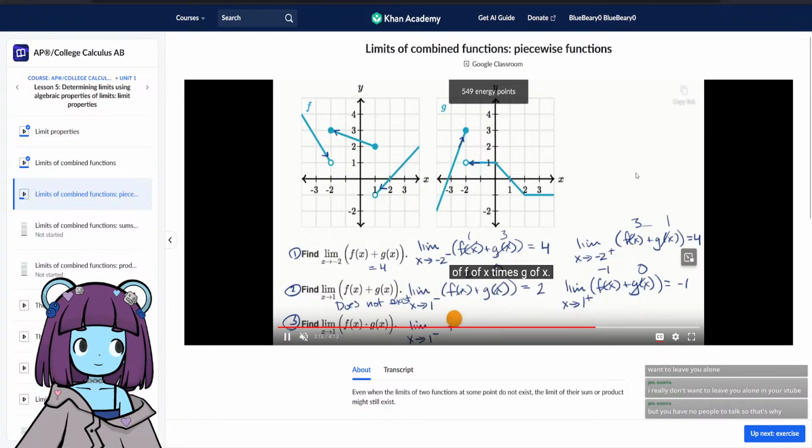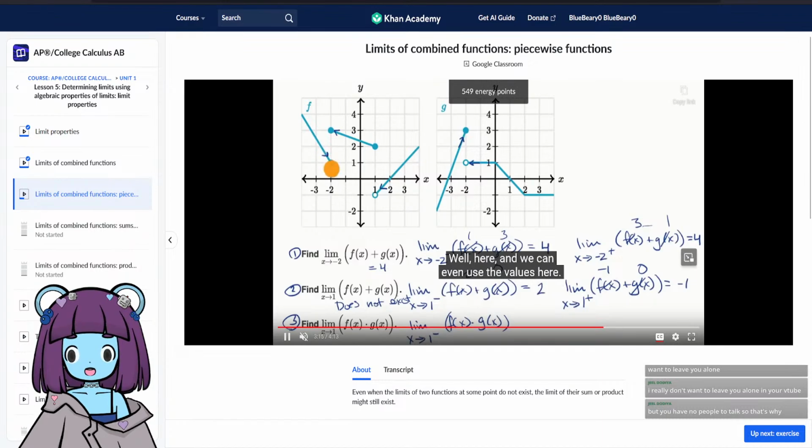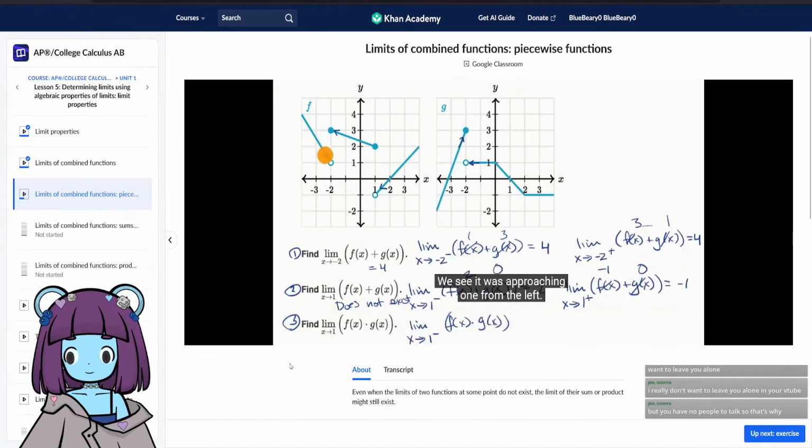Oh, let's move this a little bit. There we go. So it does not exist if they're different. Okay, interesting.